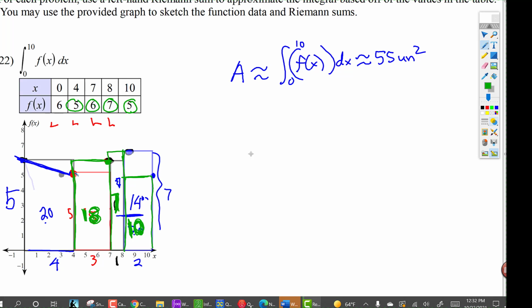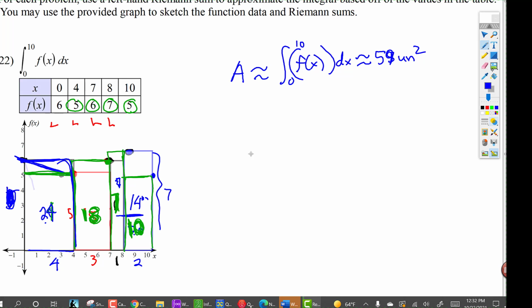And then finally, this first one, we were doing the leftmost points. That first rectangle should have looked like this. I apologize for that. We just added 4 more to that, so that should have been 59. Apologize for that.